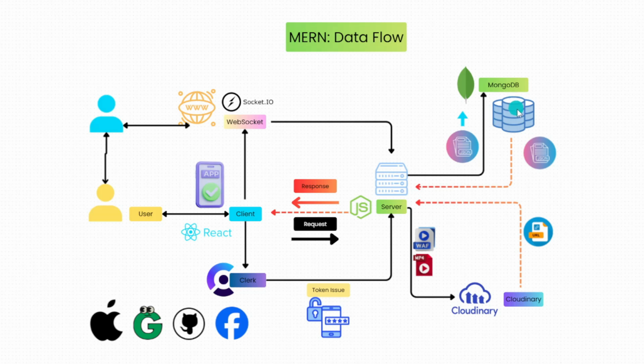So now MongoDB sends back a JSON object, and then the server responds with that JSON object, and instantly React picks that up and re-renders the UI, showing the latest post likes and comments without you needing to refresh anything.